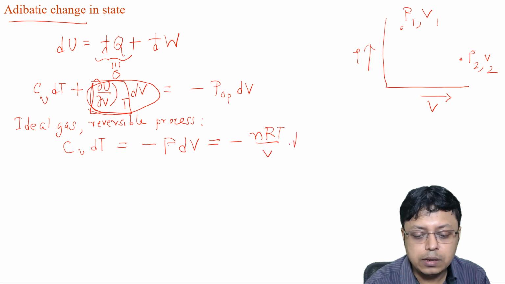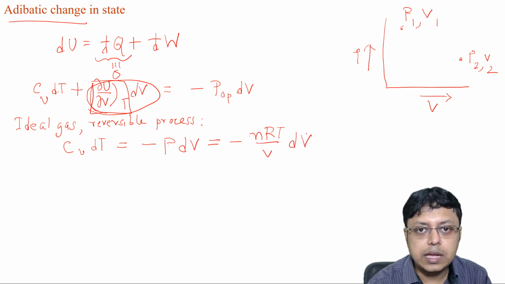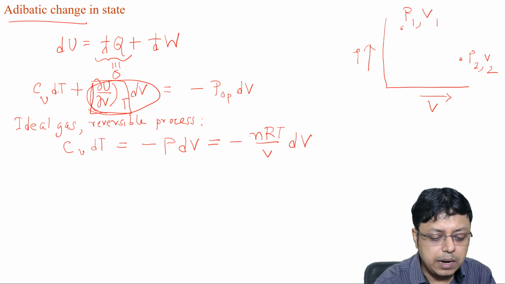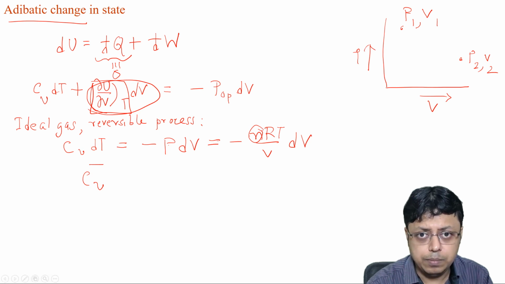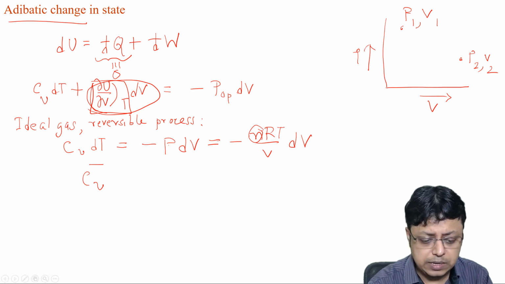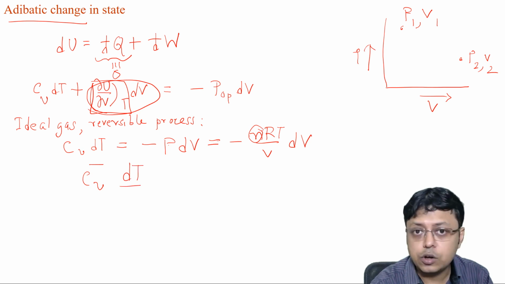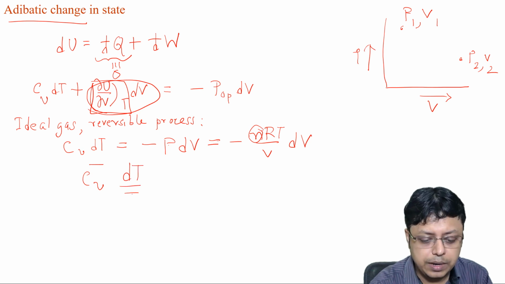nRT by V dV. Now we can just rearrange by writing Cv bar, where I am dividing the Cv by n, the number of moles, which means Cv bar is nothing but the molar heat capacity at constant volume. We are also bringing down the temperature here.